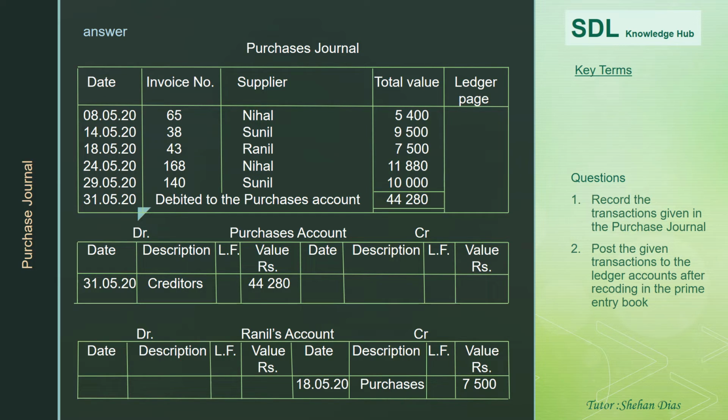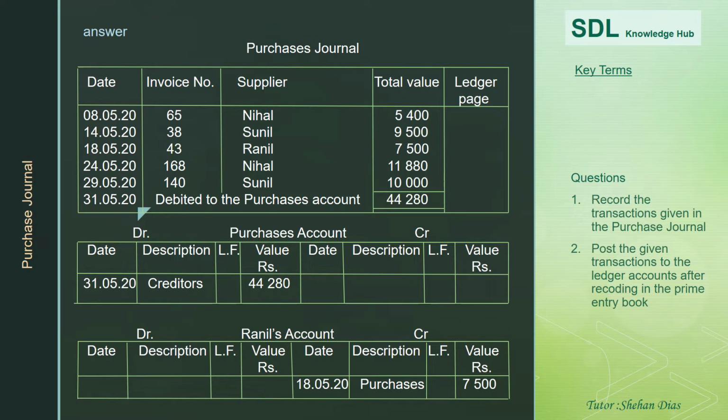Then from supplier Sunil, 40 packets of photocopy papers at 250 each with a 5% trade discount. So the total value will be 10,000. 5% discount is 500.